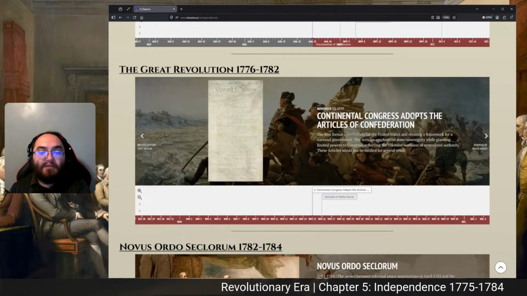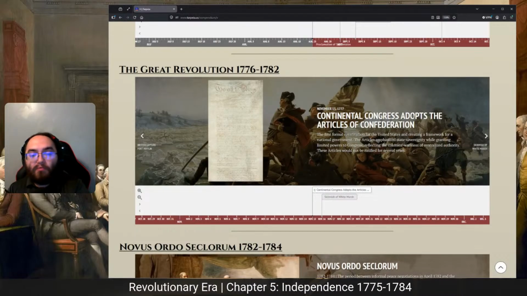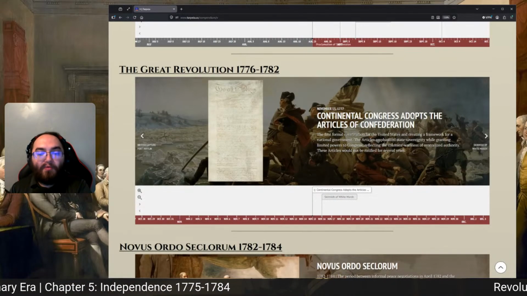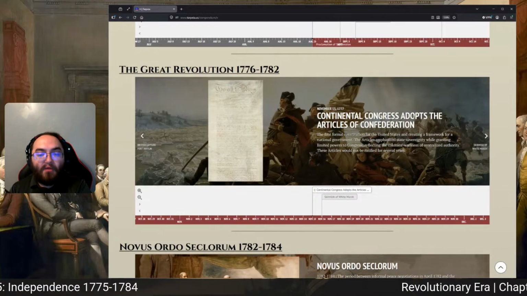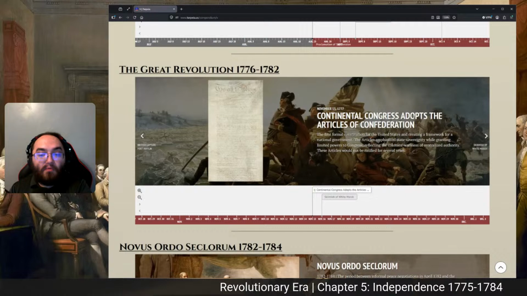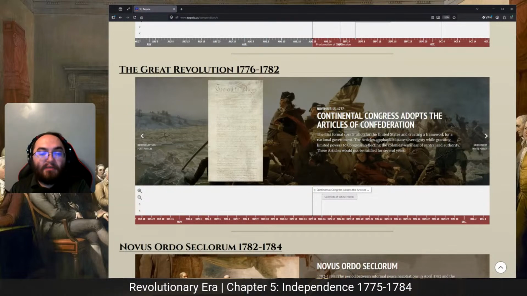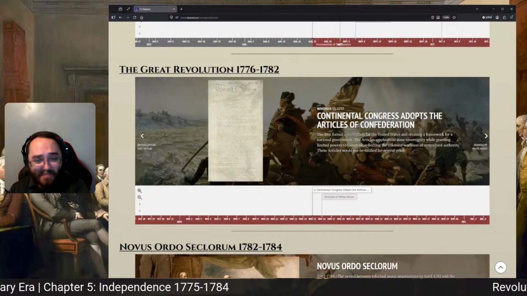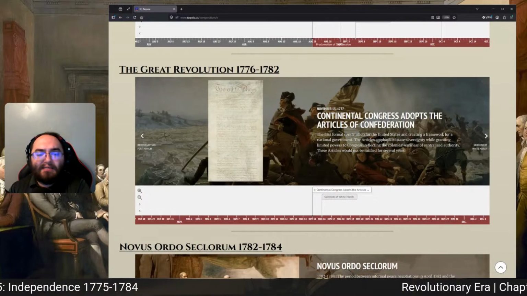The Articles emphasized state sovereignty while granting limited powers to Congress, reflecting the colonies' wariness of central authority, although this will not be ratified for many years because it needs to be ratified by all states. It needs to be unanimous.